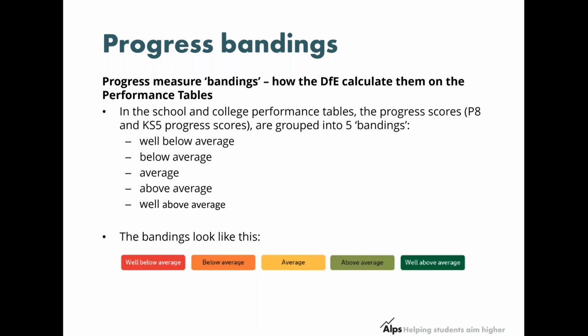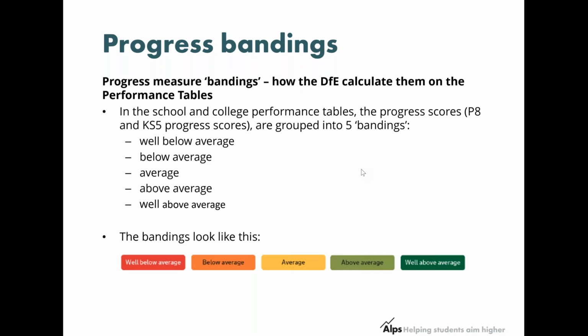Now, Alps is different to that. Alps is based on a thermometer, which we'll see in a moment, and the top of the Alps scale is red because red is hot. Remember, Alps was developed before any DFE performance tables had any colours like this in them, so that's why the colours are slightly out of sync.